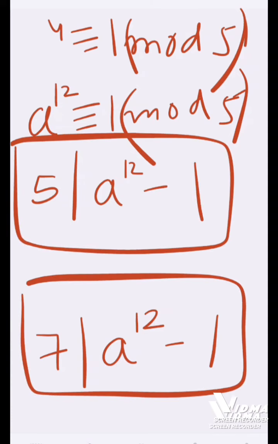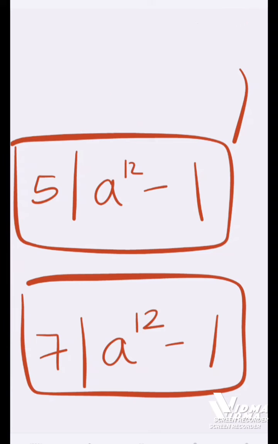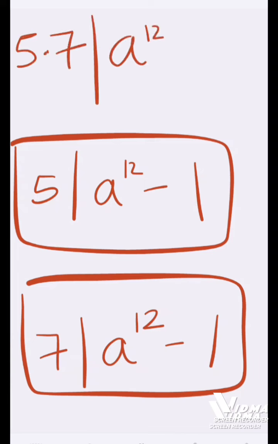Now focus on these two things. If 5 divides something, 7 also divides that thing, and 5 and 7 both are two different primes. That means that their product will also divide the same quantity.